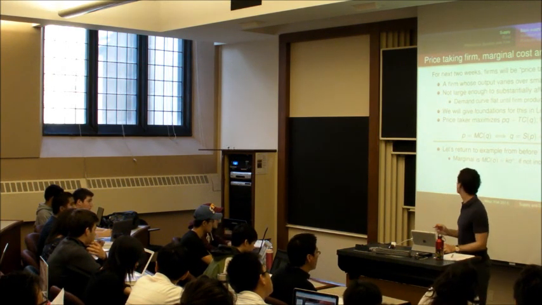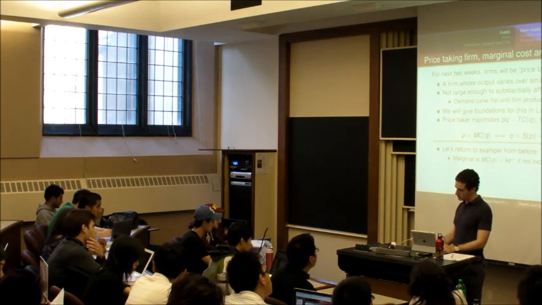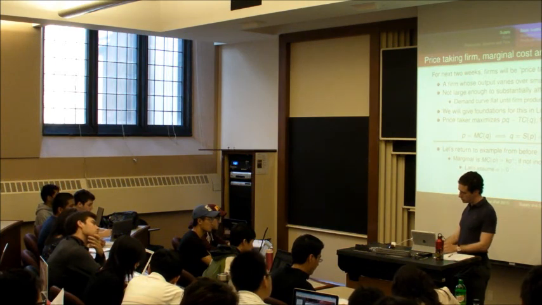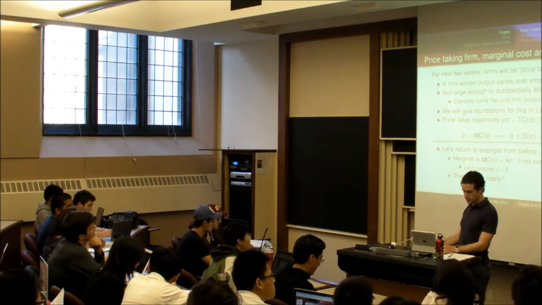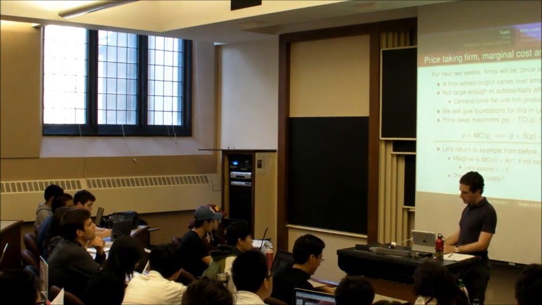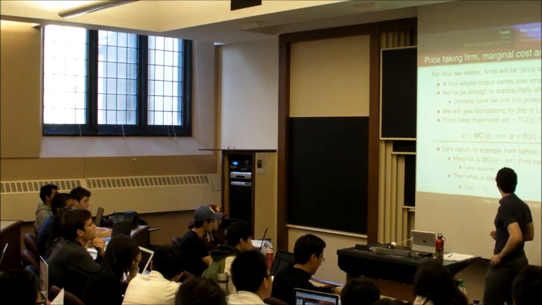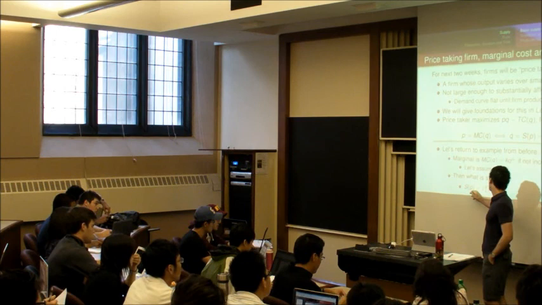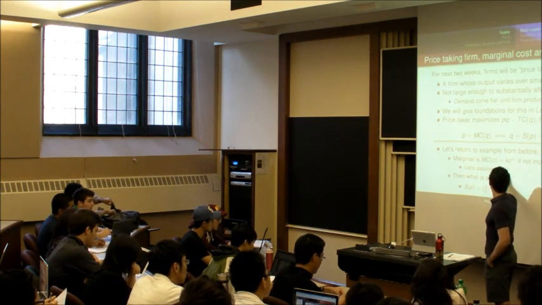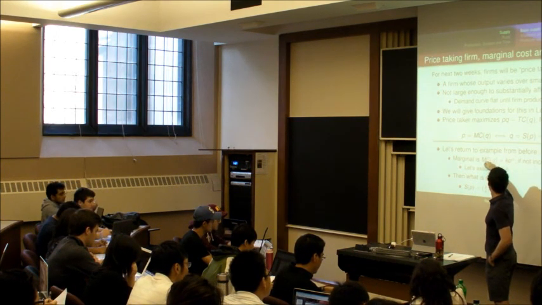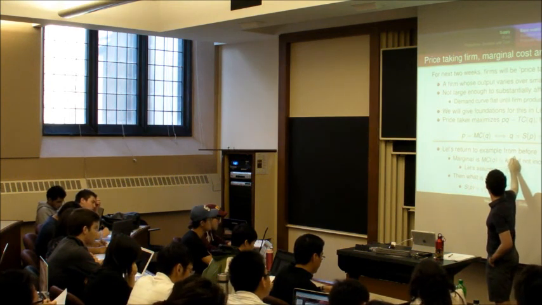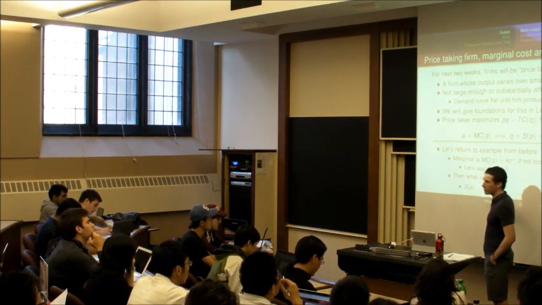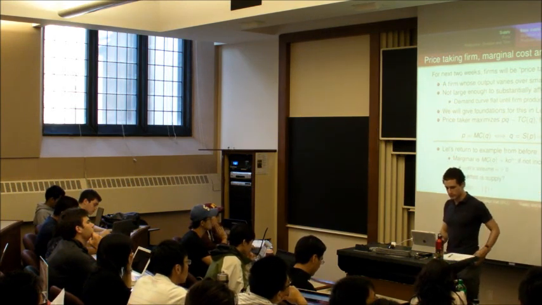And this is increasing, so as long as alpha is greater than 0, we can just invert it to find that the supply is equal to the price divided by k, to the 1 over alpha. So supply is equal to p over k to the 1 over alpha.